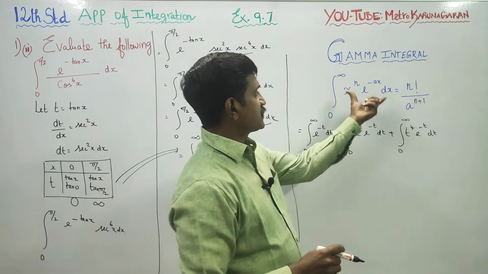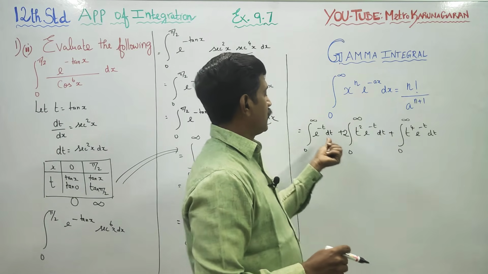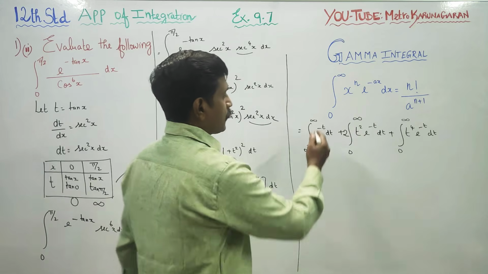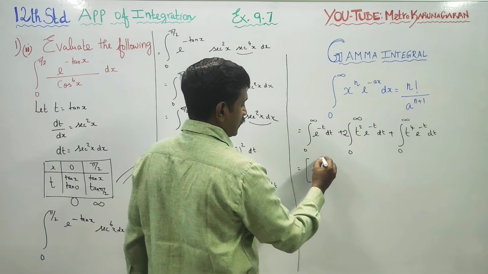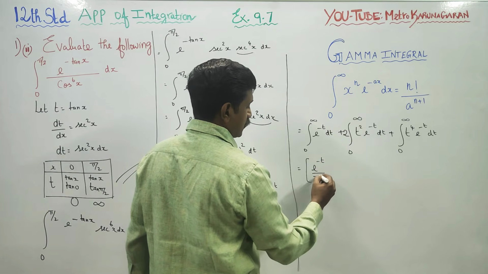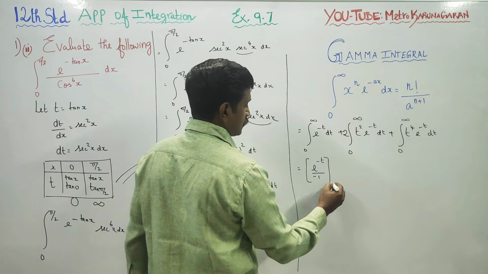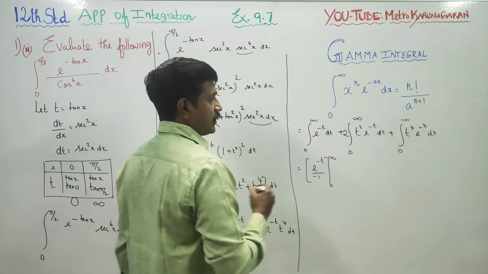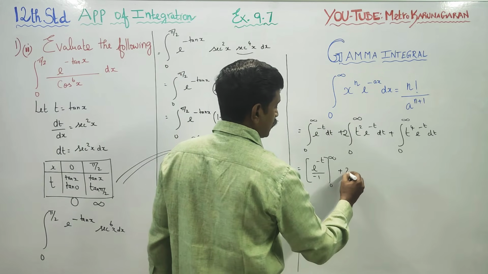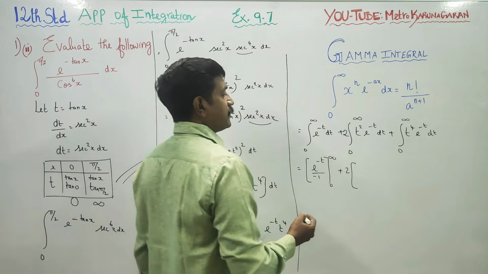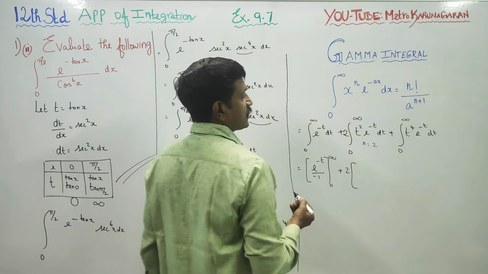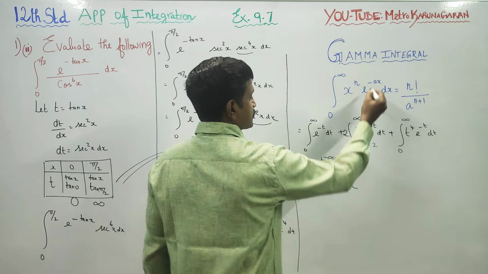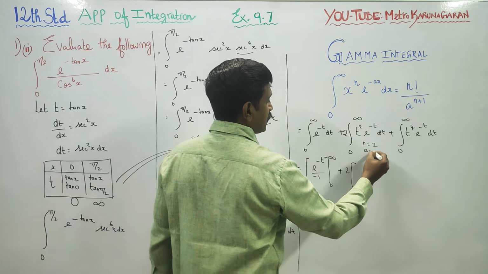Actually, these sums match with the gamma integral. Only this first one is a separate sum; if you integrate e power minus t you will get e power minus t by minus 1, from 0 to infinity, plus 2 times. What is the formula here? Here n is 2, the power is n, e power minus ax, and a is 1.